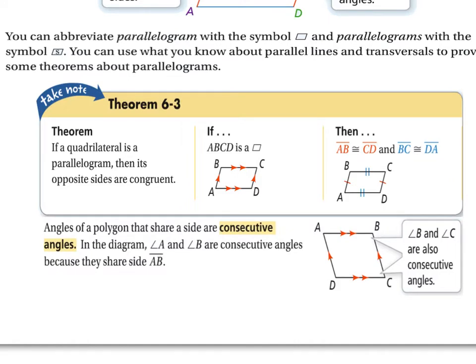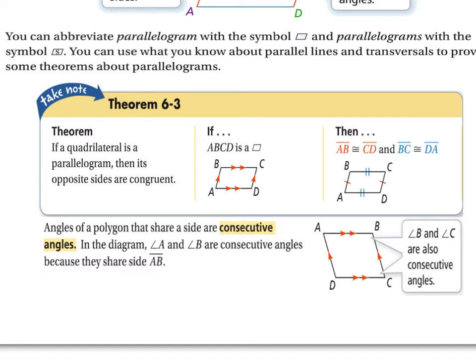As you look here, we have parallelogram ABCD. It's a parallelogram because opposite sides are parallel. If it is a parallelogram, then we also know that AB and CD, these opposite sides, are congruent to each other, and BC and AD are congruent to each other. So, opposite sides are congruent to each other. That's one of the theorems.